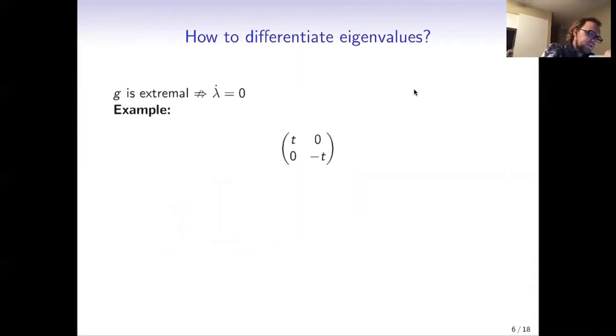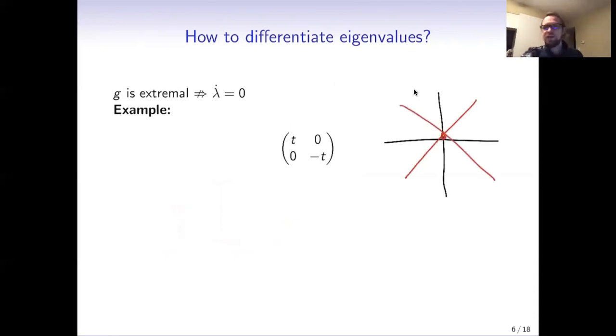So the eigenvalues of this matrix look like this, right? So around 0, this is just two rays. You see that it is critical at 0, right? So this is lambda 1. The graph of lambda 1 is red, and the graph of lambda 2 is blue, right?